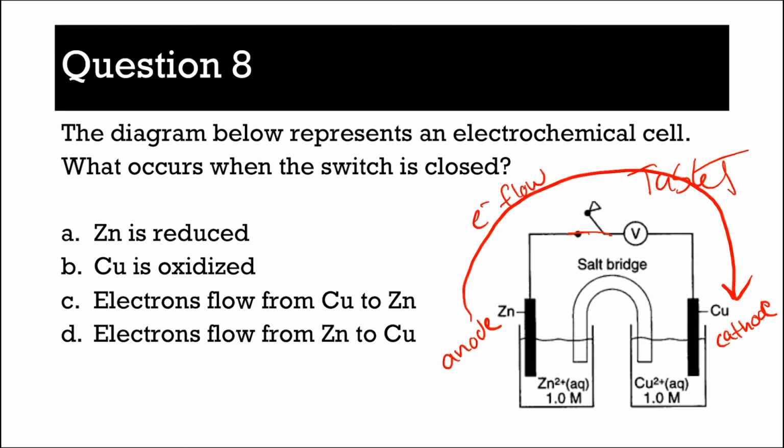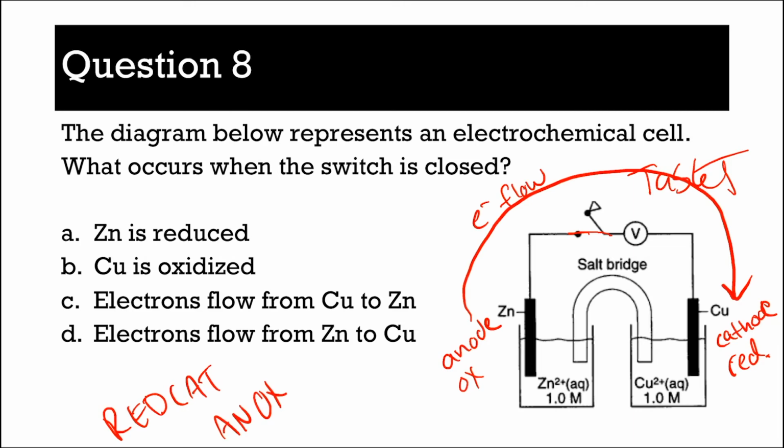At the anode, because you remember red cat and ox, zinc is being oxidized, and copper is being reduced. So now we have all the information we need to look at the answer choices. So whenever you see one of these, your first task should be to label all the things that I just labeled, and then look at the answer choices.